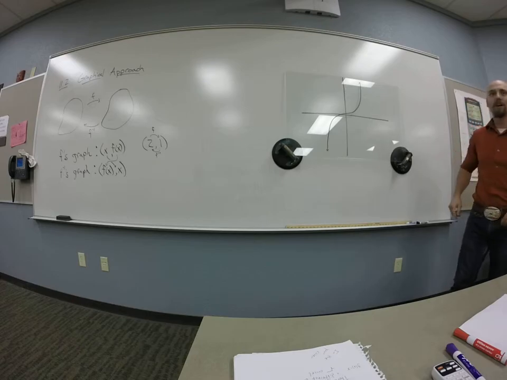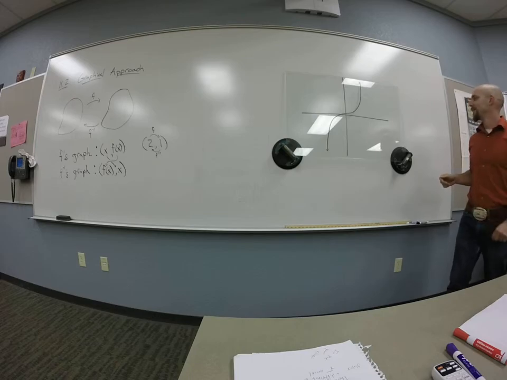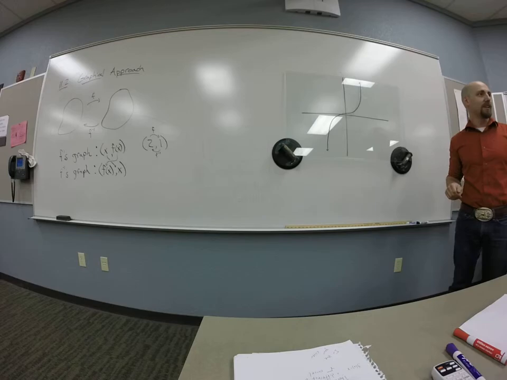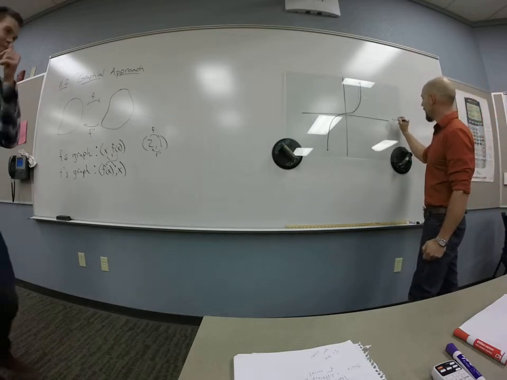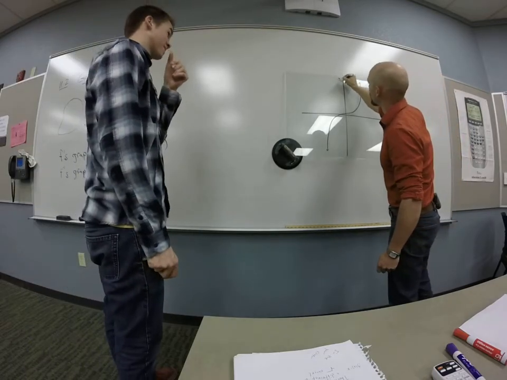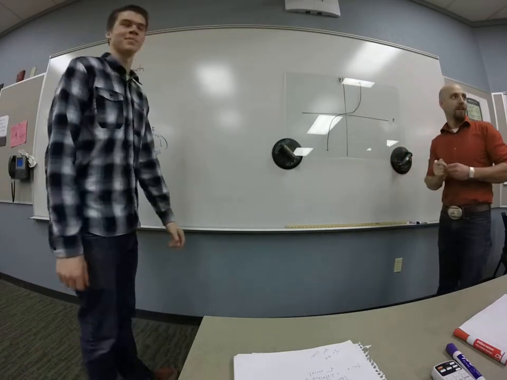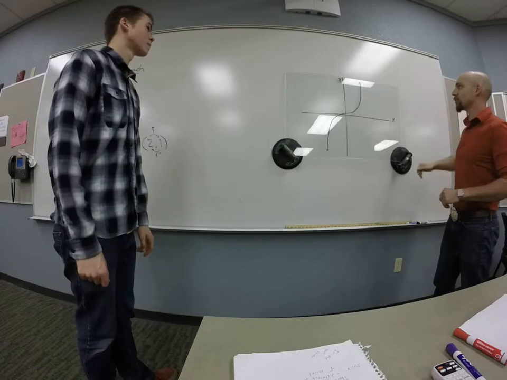Now I want to swap the x's and the y's, right? So these were the x's, those were the y's, right? To get the graph, I need to switch those.